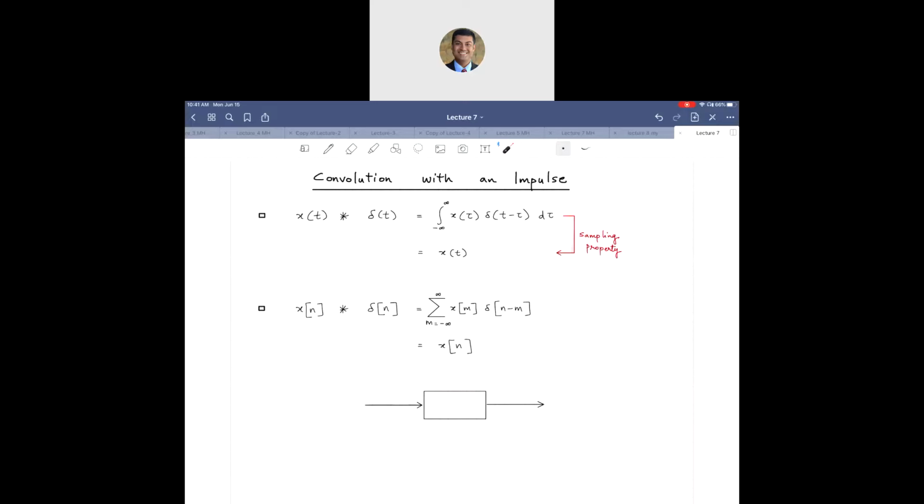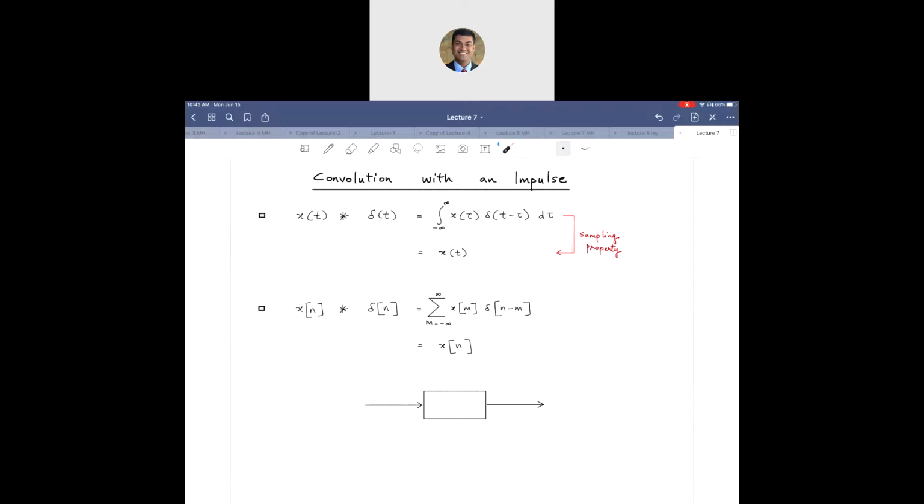All right. Next, we go on to convolution with an impulse. So let's see what happens when you convolve x of t with delta of t and x of n with delta of n. As you can see here, the top portion of this slide is referring to the convolution in continuous time, and the bottom one is for the discrete time.